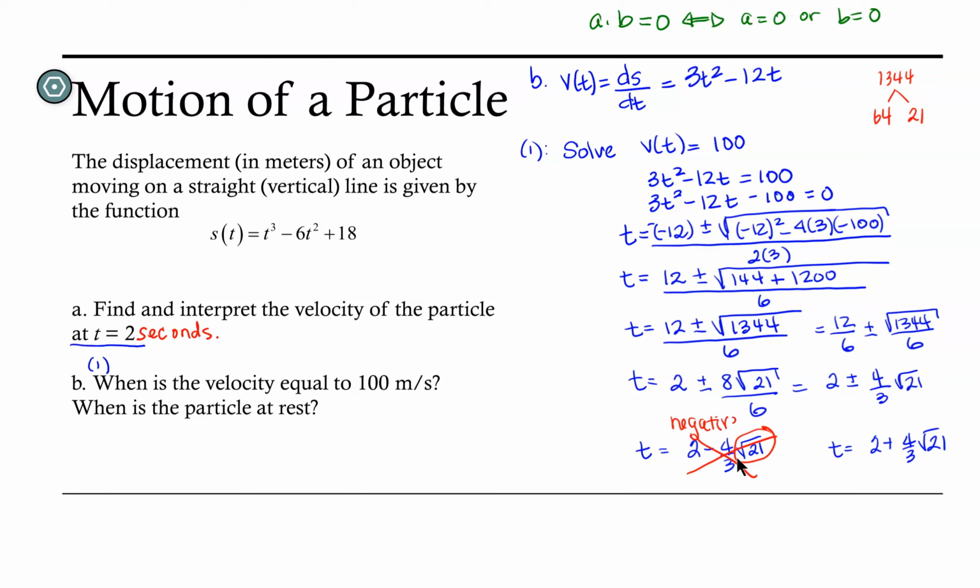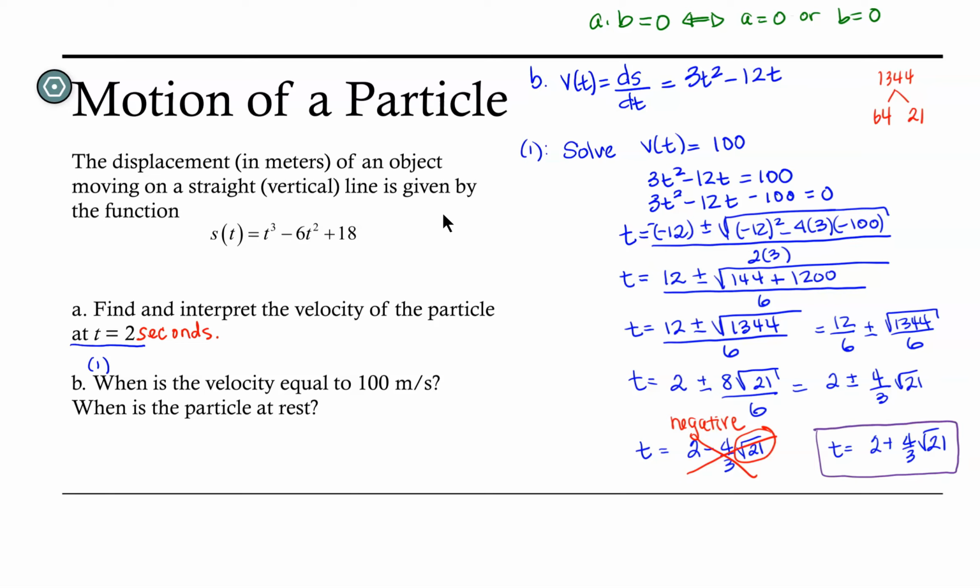And so we're going to disregard it because it's not going to help us think about the motion of this particle as it moves through space. So we're left with our solution being t equals 2 plus 4/3 times the square root of 21.